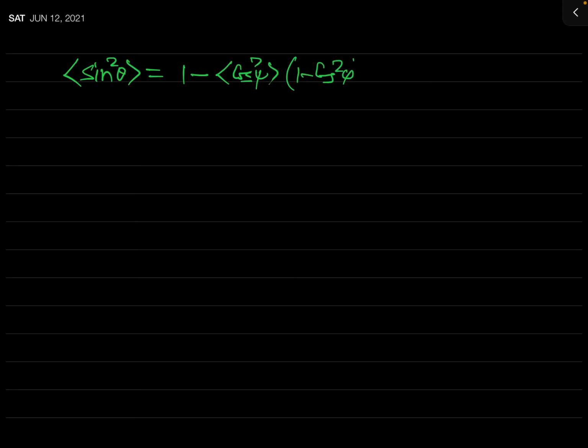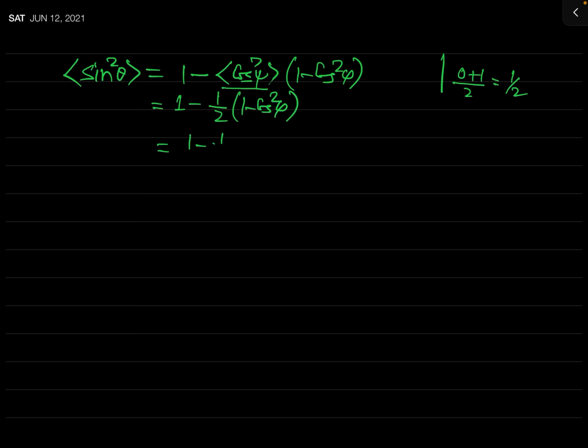cos square phi. Now you know what is the average value of cos square psi. You can see the minimum value of cos square psi is 0 and its maximum value is 1. So its average value will be equal to 1 over 2. So in place of the average value of cos square psi, we will write 1 over 2 times 1 minus cos square phi. Now you can do the simple algebra.